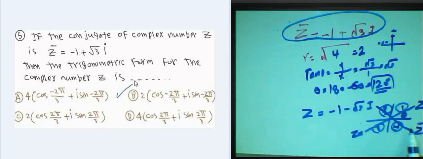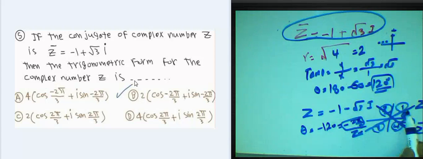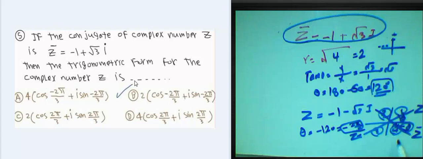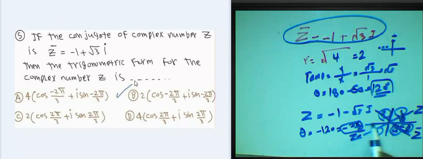If this angle is theta, then this angle will be negative theta. So the angle of z will be negative 120, which is negative 2 pi over 3. And r of z equals r of z bar.